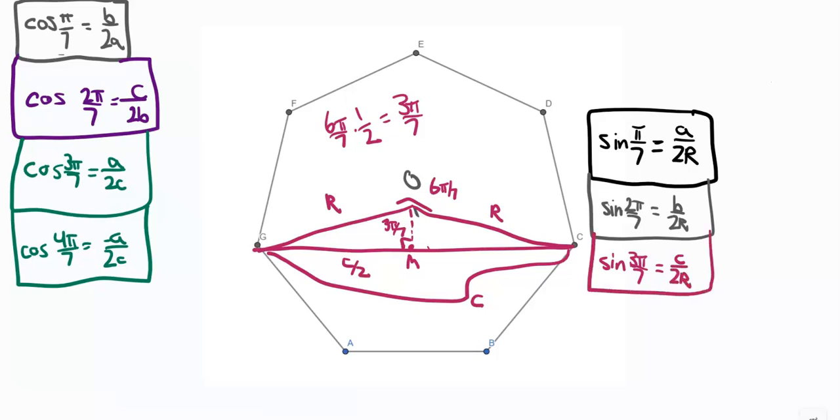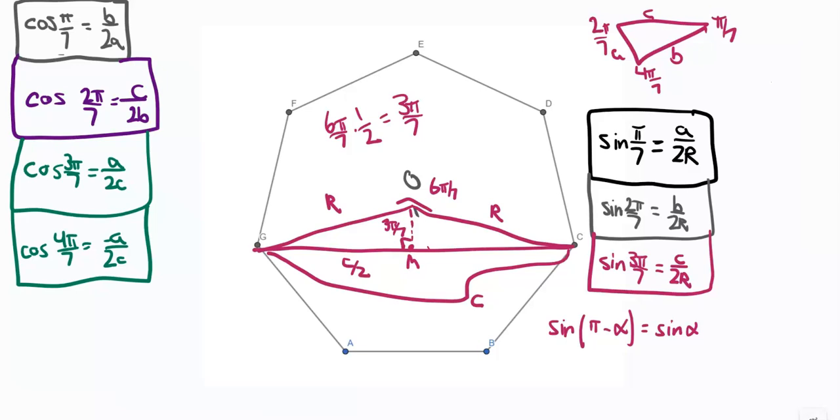But again, the angles in our heptagonal triangle, let me just quickly draw that for reference here, are pi over 7, 2 pi over 7, and 4 pi over 7. So A, B, and C. But the nice thing about the sine of pi minus alpha is that it's equal to the sine of alpha, because of the way that sine is between 0 and 180.